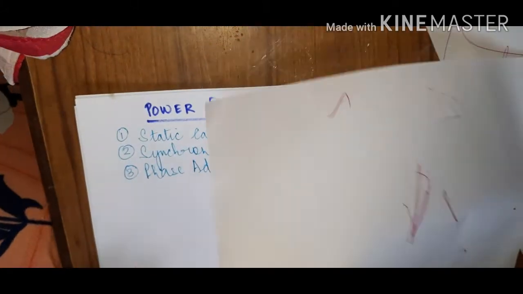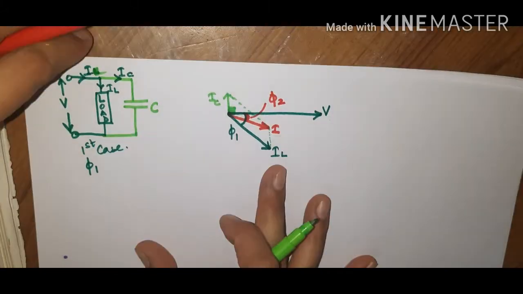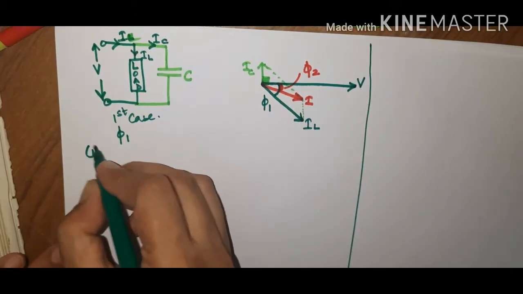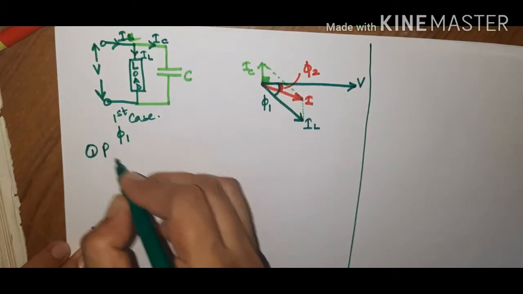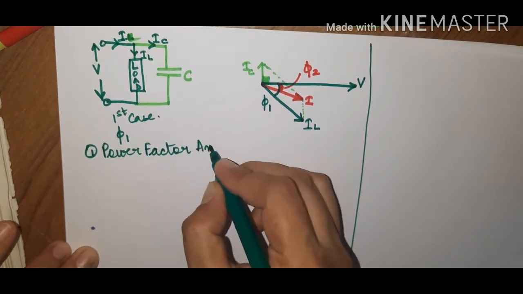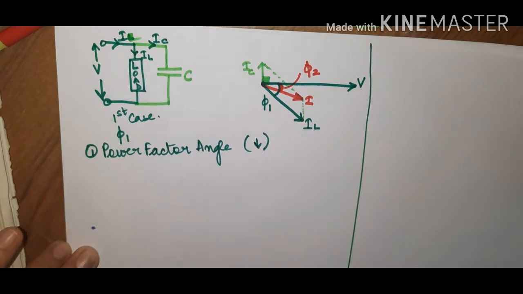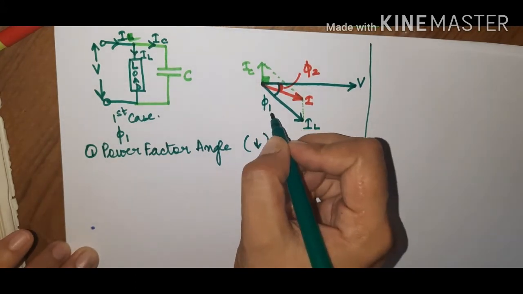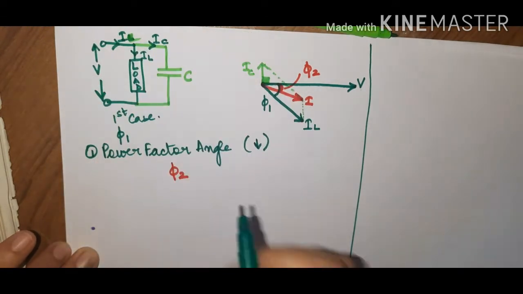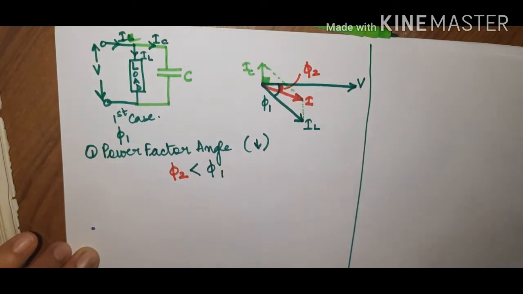Okay. So the first conclusion that we can draw very easily is that the power factor angle has been reduced. How can we say this? We can very well say that phi 2, which is represented by red, is definitely less than phi 1.